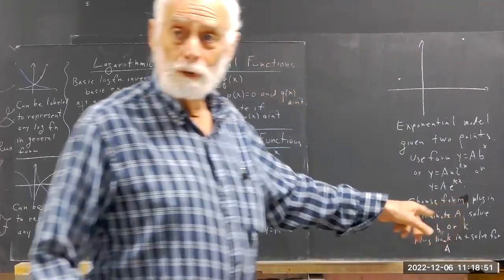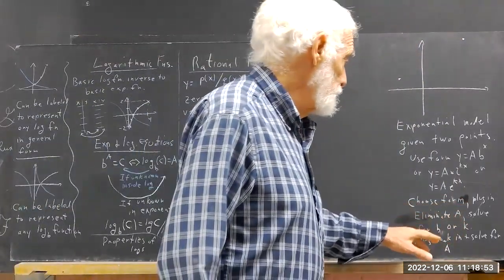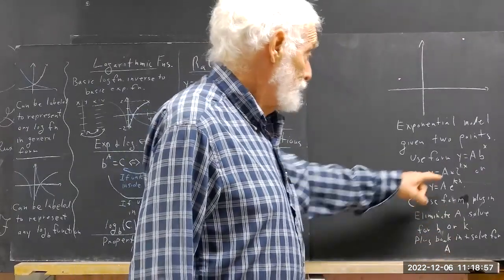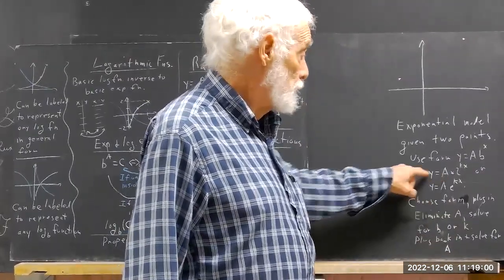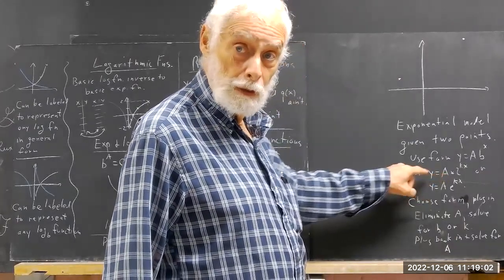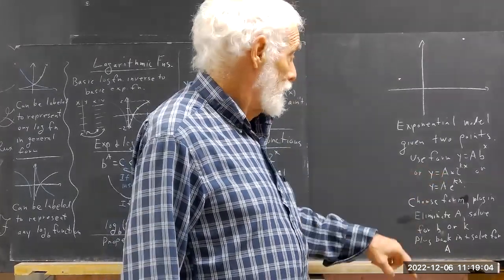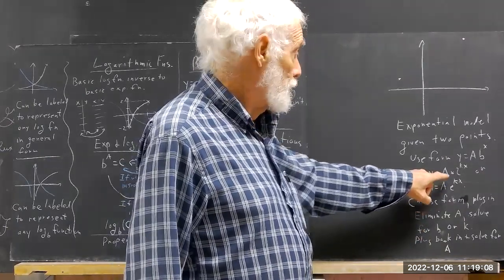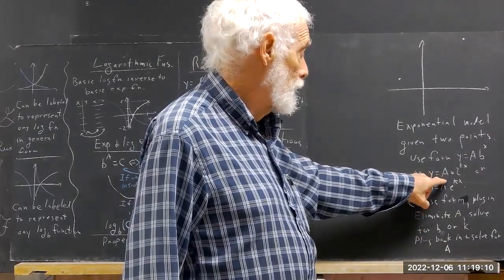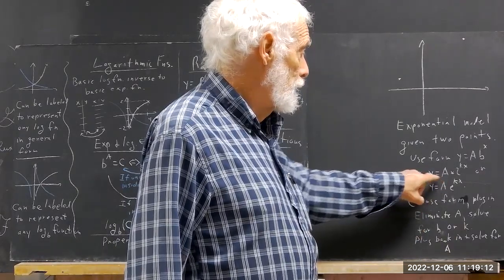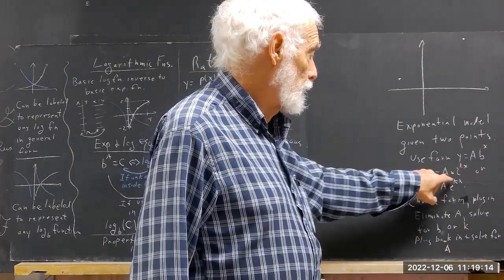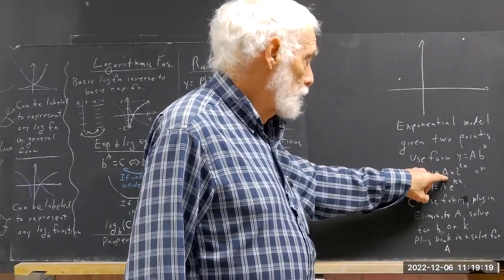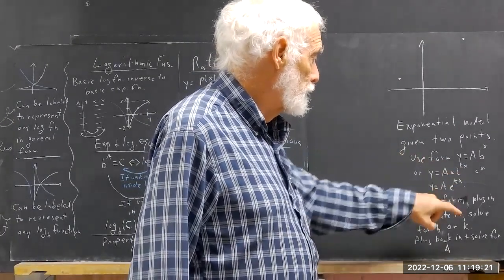Okay, we choose the form. We eliminate A, and the way we do that, you solve, let's say, the first equation, whichever one it is, for A. And then you plug that solution in here. When you solve this for A, you're going to have a number here and a number for X. And when you plug in your solution for A, it's going to be this over this.